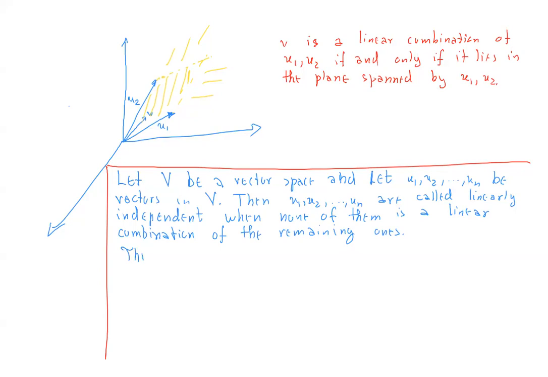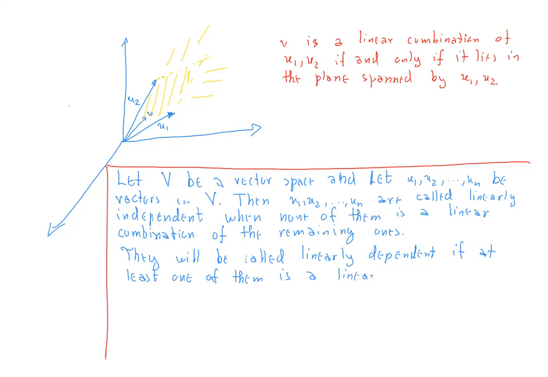They will be called linearly dependent if at least one of them is a linear combination of the remaining ones.